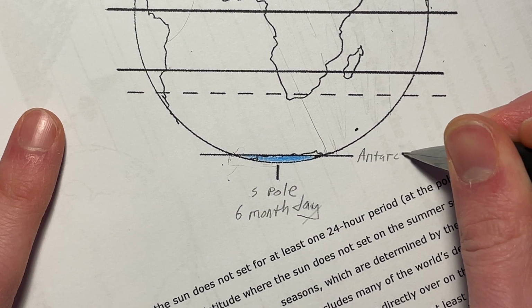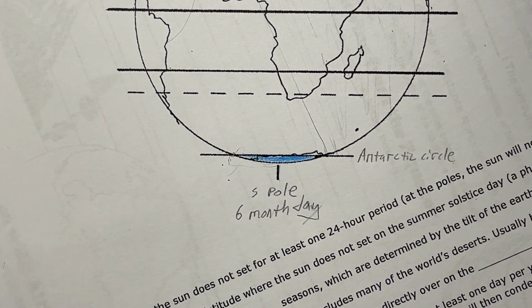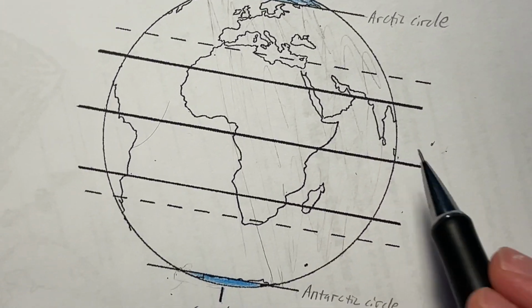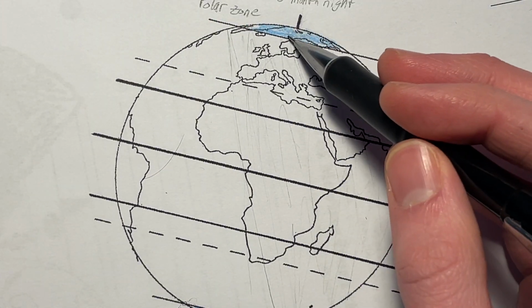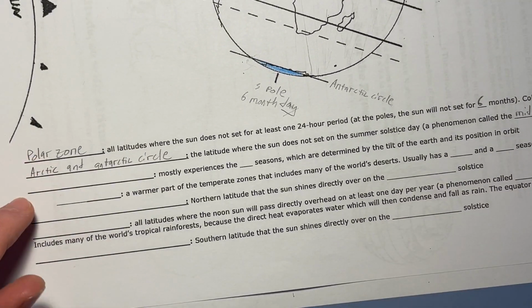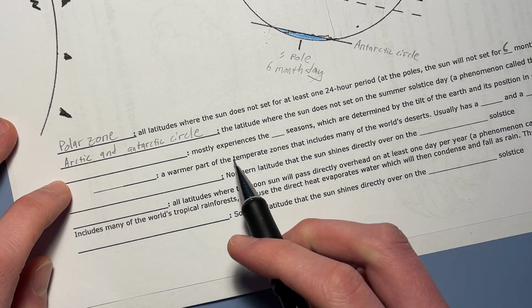It's just the opposite of the Arctic, anti-Arctic. So that's the Antarctic circle, that's the Arctic circle, and that's the circle where everything above is experiencing that weird stuff with daylight and nighttime, where the sun never sets sometimes.